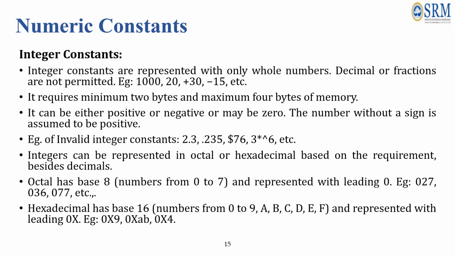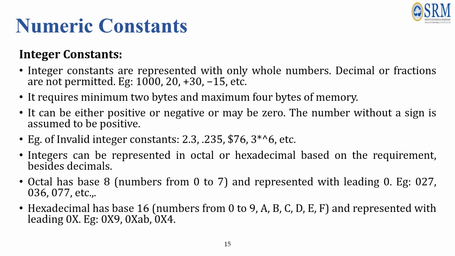No decimal points or fractions are allowed for initializing integer constants. It requires a minimum of 2 bytes and a maximum of 4 bytes of memory. Integer constants can be positive or negative, and even 0 is considered an integer constant.